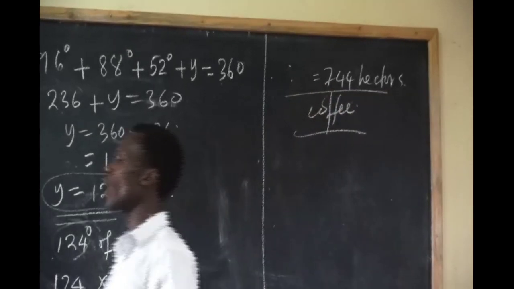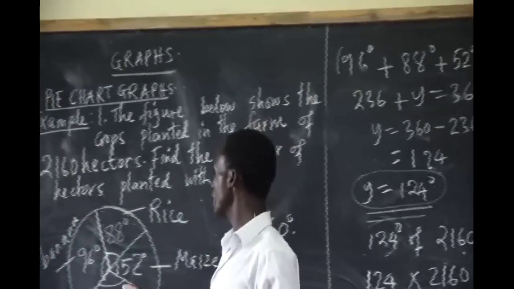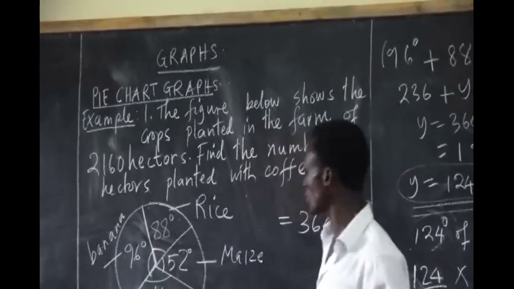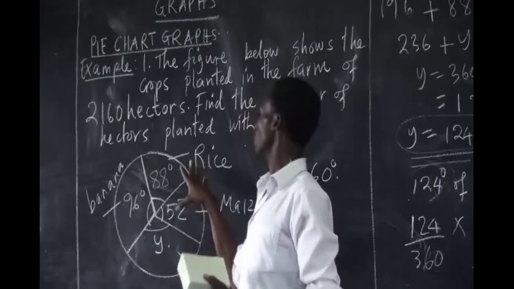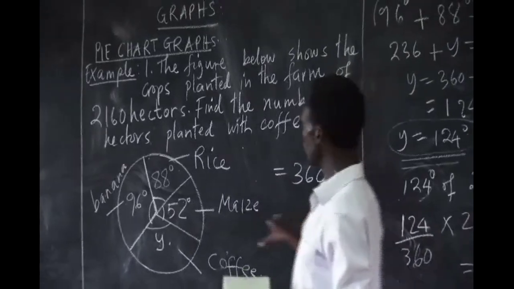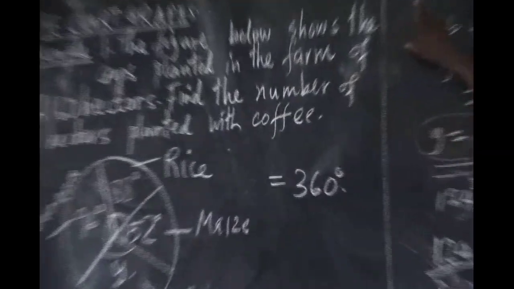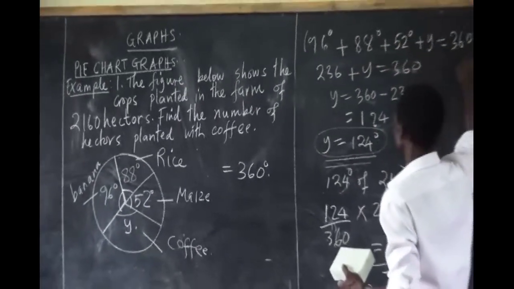So the first thing you have to do from the question is to know the degree that is used to represent the portion you're talking about. Now we're talking about coffee. The total degree of the whole circle is 360, and after you have done that, you take the sum of them. I've written them as 96 plus 88 plus 52 plus y is equal to 360.